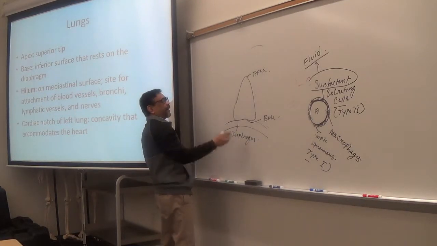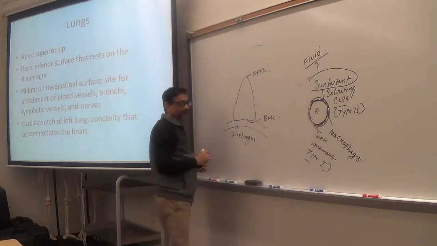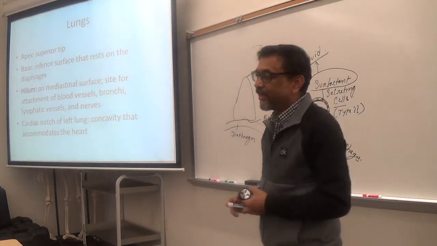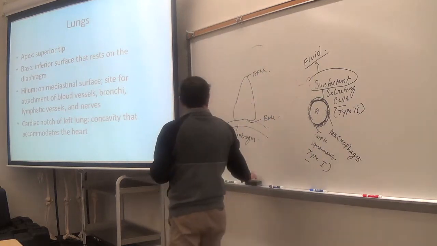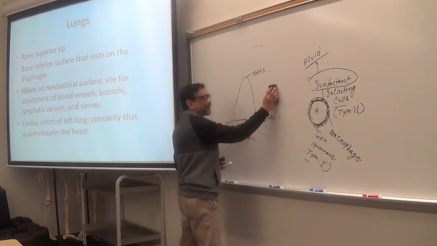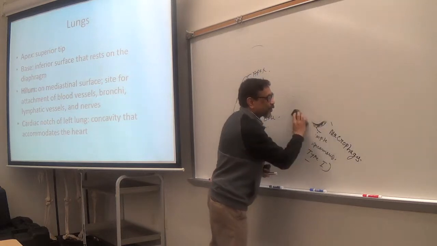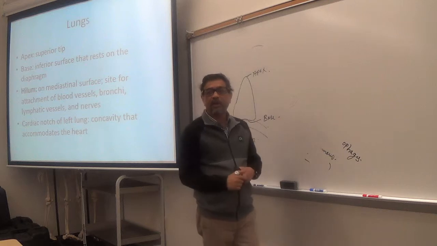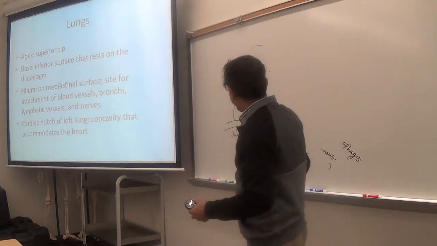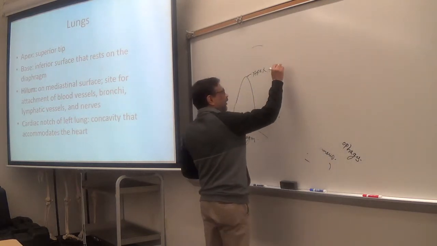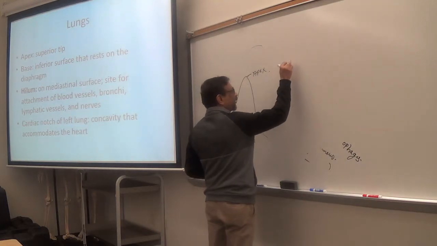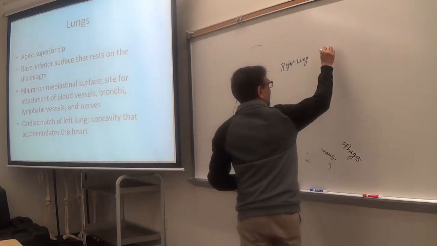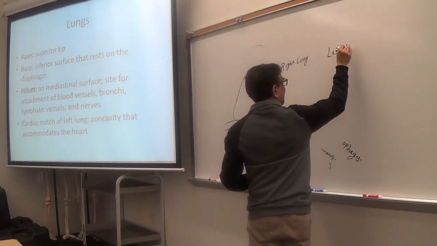Okay? And the difference between right and left lung, they are not exactly the same. Okay? Right lung, if you see right lung, it is shorter this way and broader. That means short and broad. Let me write it down here. Right lung. And this is left lung.